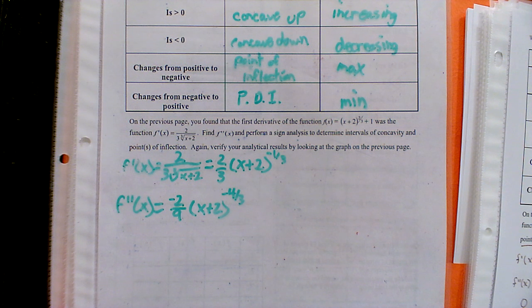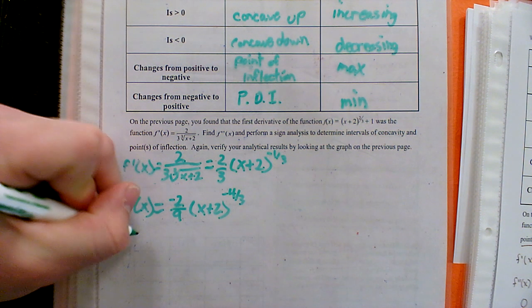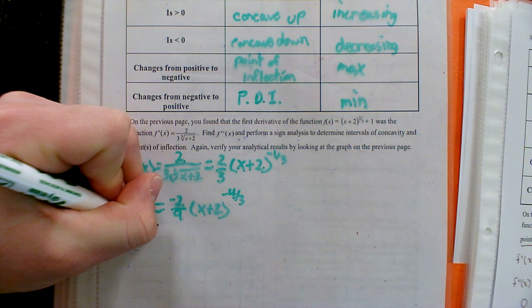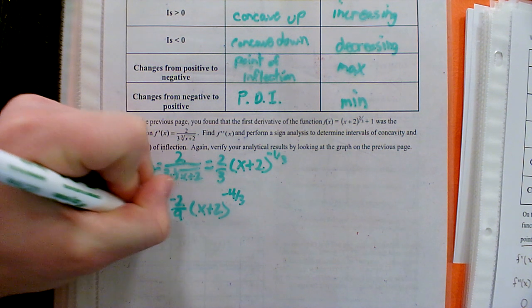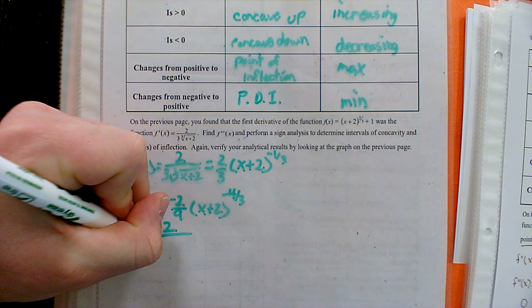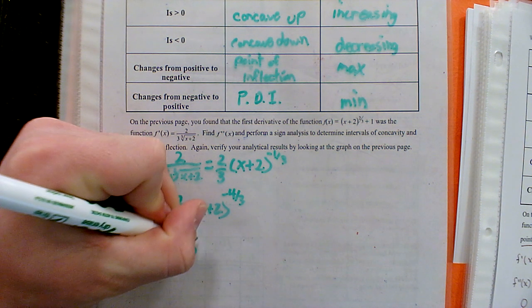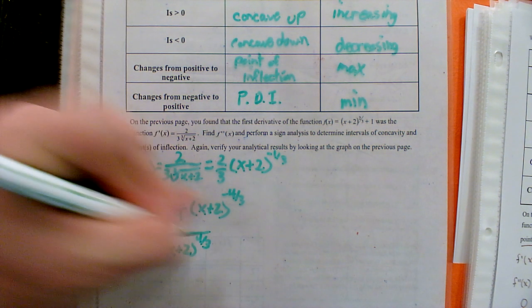Okay. Now yesterday, after we took a derivative, how did we find those critical points? What did we do with our derivative? Yeah, we set it equal to 0. So I am going to write this one back as negative 2, and I'm going to put that on the bottom so my power becomes positive: x plus 2 to the positive 4/3.